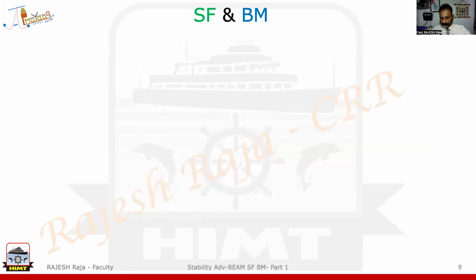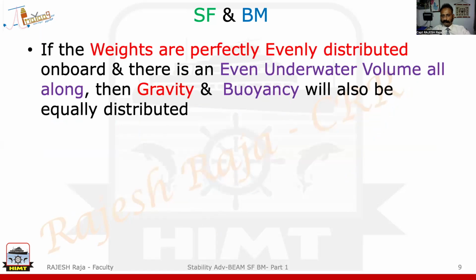Now, this creates a small problem. So before I go to that, let us just say what is perfect condition. If the weights, all the weights in the holds are exactly same, then you might have all the force of gravity is also exactly the same. And let us say you have exact similar distribution of underwater volume.